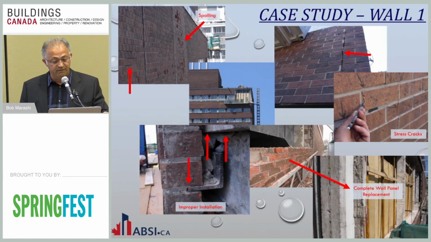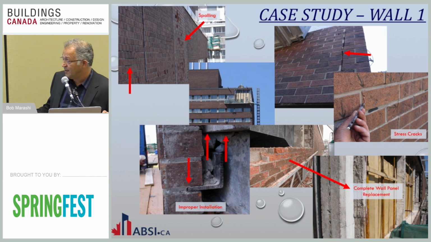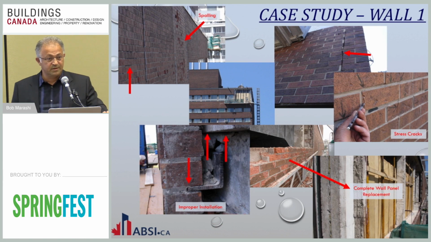So we started investigating further. We found a lot of stress cracks on the building. On an apartment building, when you see a stress crack, it's really scary. That means the brick is under pressure. So we started opening up shelf angles and panels of the wall that were bad. The client wanted us to fix the problem once and for all.